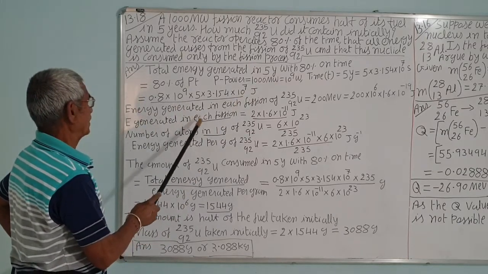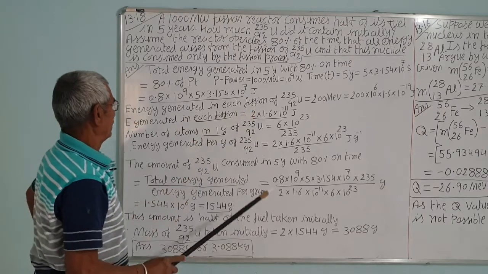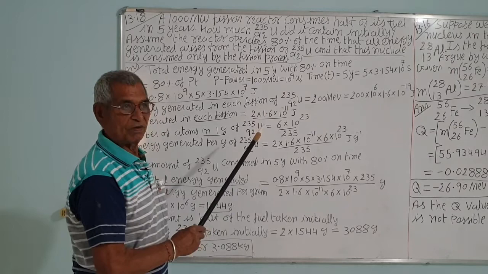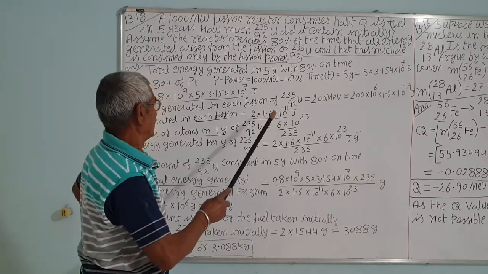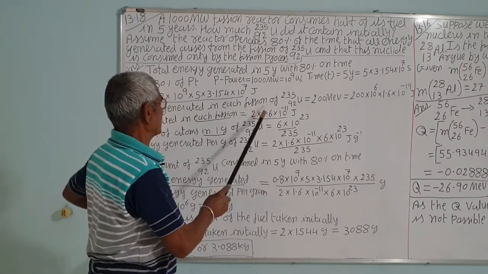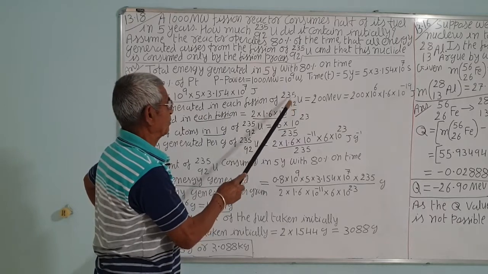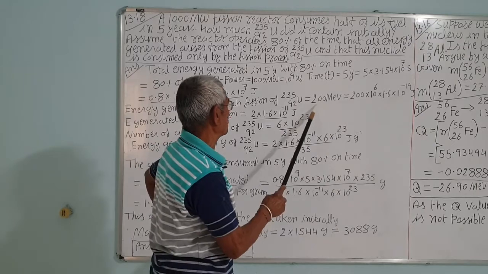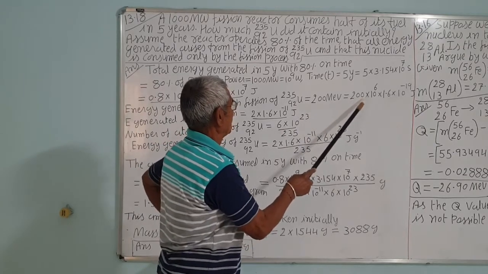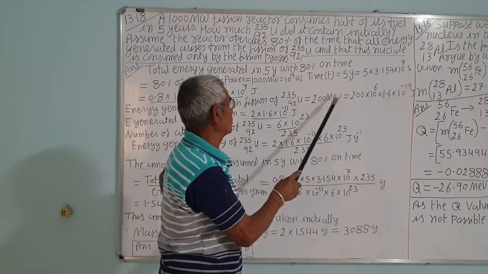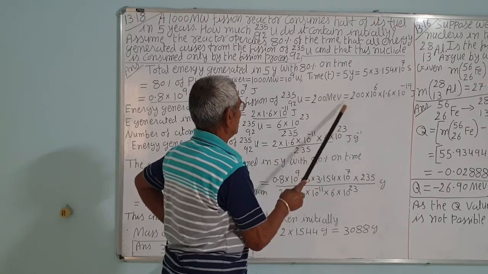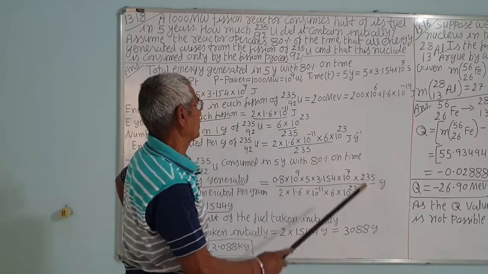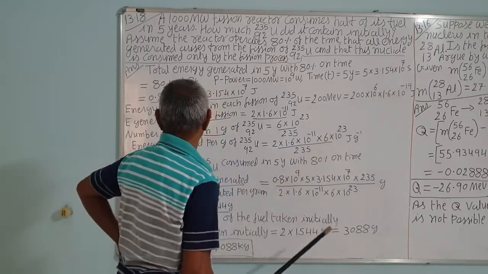Now we have to calculate the quantity, so we have to calculate the mass. The energy generated in the fission of one uranium atom, we know that it is 200 million electron volt, that is converted into joule. 200 into 10^6 electron volt converted into joules by multiplying by 1.6 into 10^-19, that will be the joule.